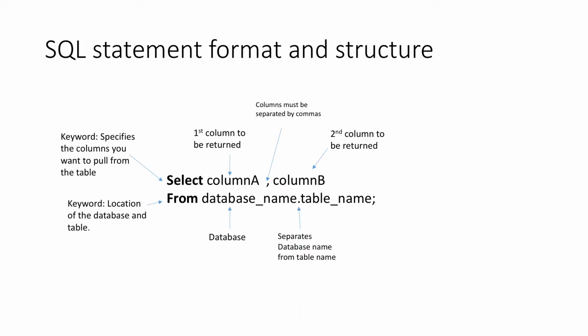Dot separates the database name from the table, and that's the table name. And we always want to end our SQL statement with a semicolon, because that tells the parser that evaluates the SQL command, hey, okay, this is a complete SQL statement. We're done. Let's process this command.